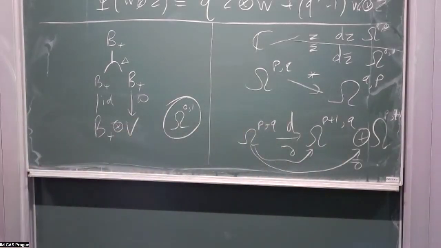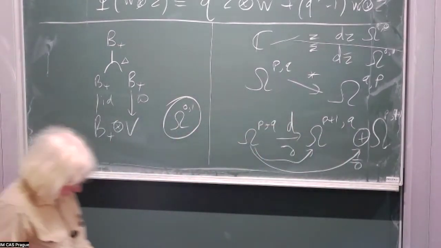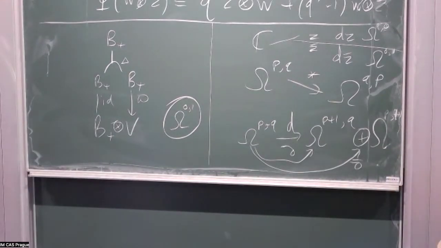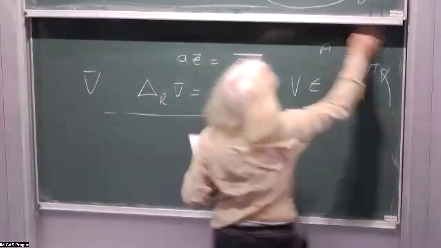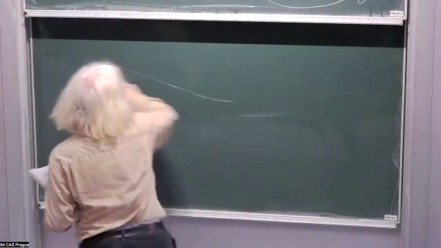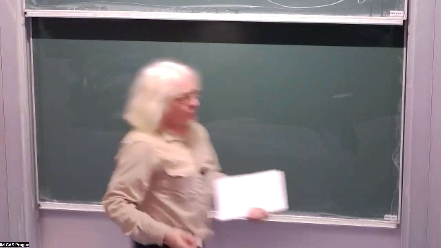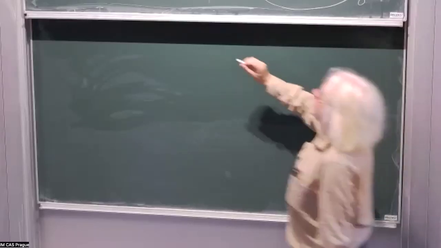That's basically an integrable complex structure. So D, the ordinary D, is split into curly D plus curly D bar.